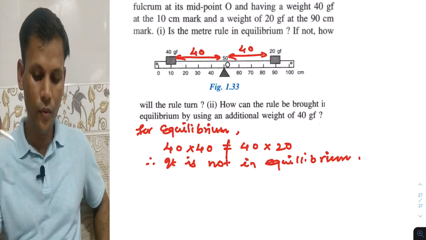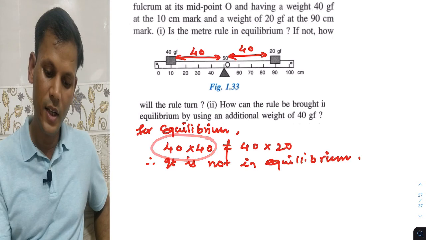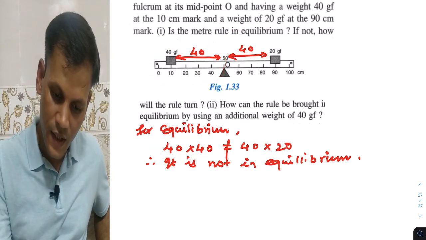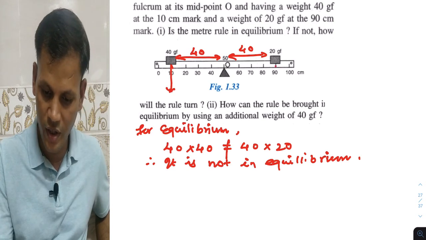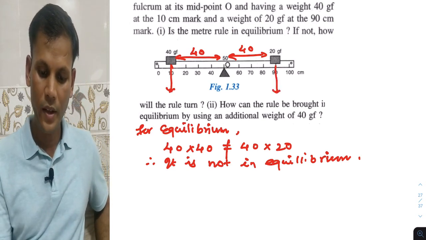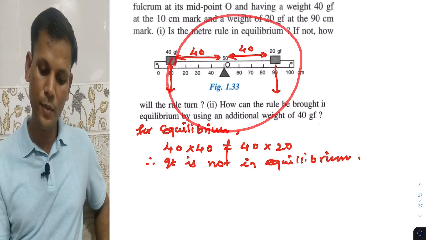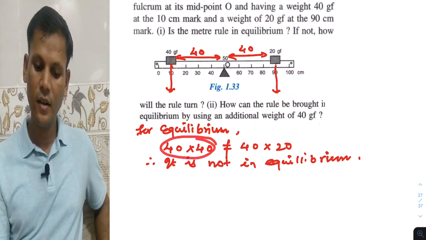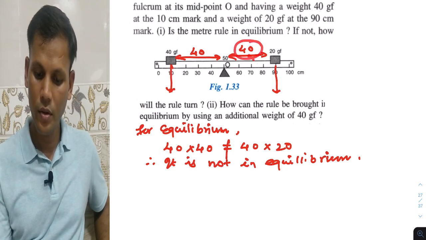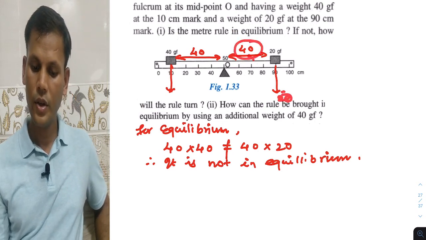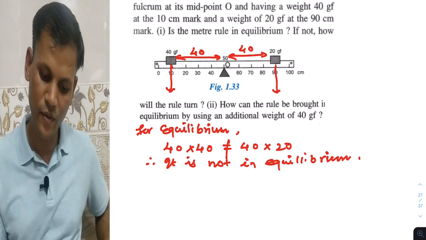This is 1600, the anticlockwise moment, and the clockwise moment is 40 into 20, so it is 800. Let us write it in words.